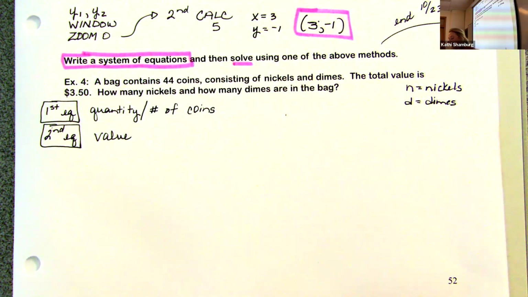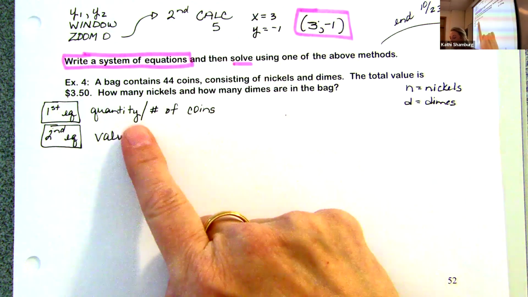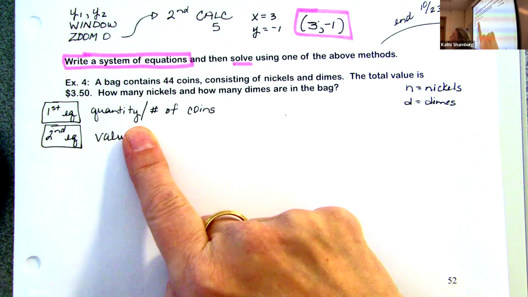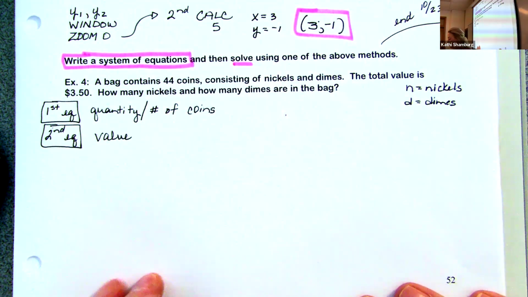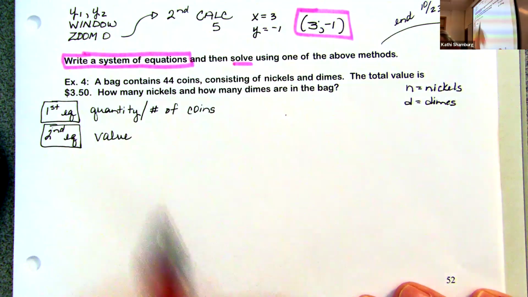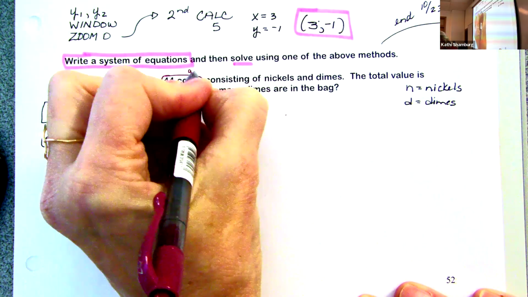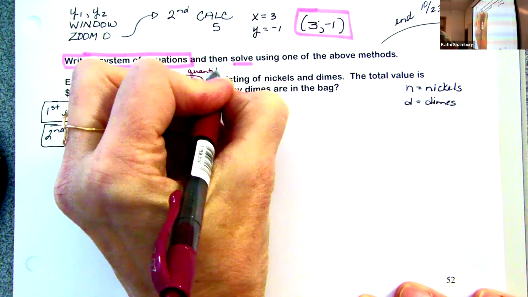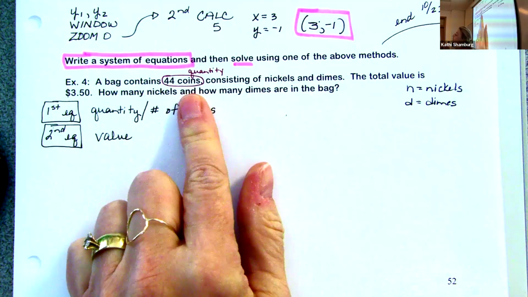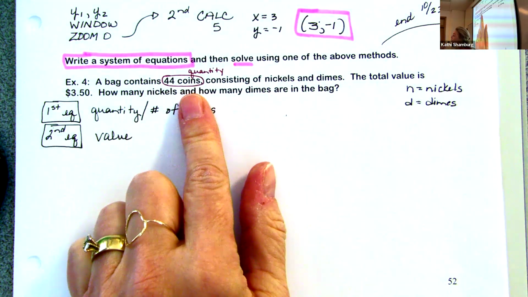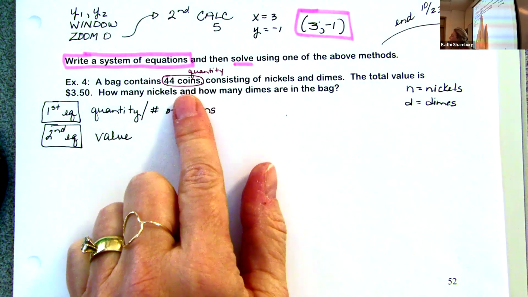Okay. All right. So what do we know about the quantity of our nickels and dimes? There's 44. All right. So we know this deals with quantity. All right, does this mean 44 nickels? Does it mean 44 dimes? What does the 44 mean?